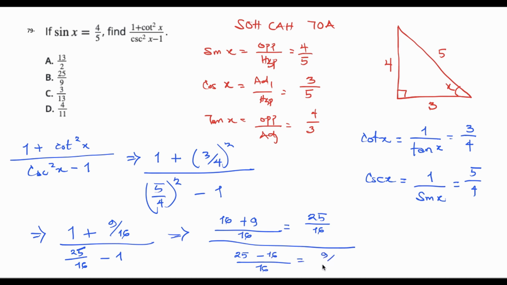So we have 9 over 16 here. So 25 over 16 divided by 9 over 16 is the same thing as 25 over 16 multiplied by 16 over 9. All we have to do is flip this fraction when we change this to a multiplication sign. So 16 can cancel out 16 and we're left with 25 over 9. So 25 over 9 is our final answer, and that is B.